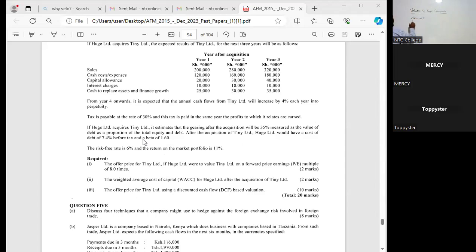The examiner has given you the KD, is it before tax? To be 7.4%. I hope you know what it means. And then we have beta to be 1.60. You know, this one, which kind of beta is this?